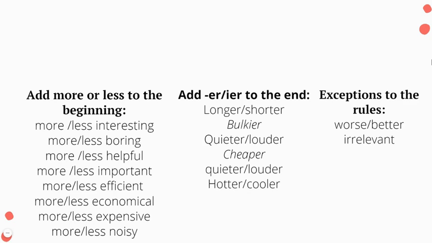Longer, bulkier, quieter, cheaper, louder, hotter. As you can see with bulkier, because bulky ends in Y, you would change Y to I and then add ER. Some exceptions to these rules are worse and better. You would not say worser or betterer. And irrelevant.